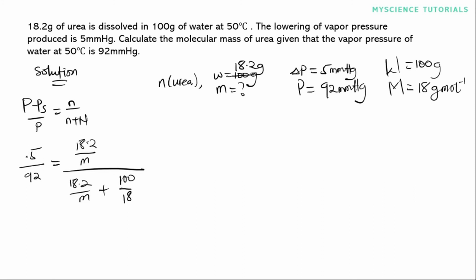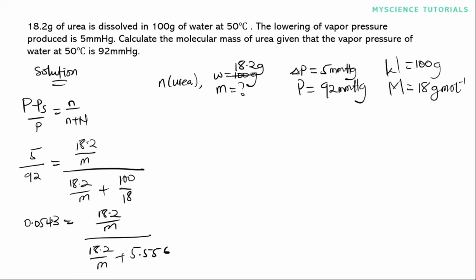All right, so from here, if we solve or simplify this, we get 0.0543. So we have 0.0543 equal to 18.2 on m all over 18.2 on m plus 100 on 18, which is 5.556.